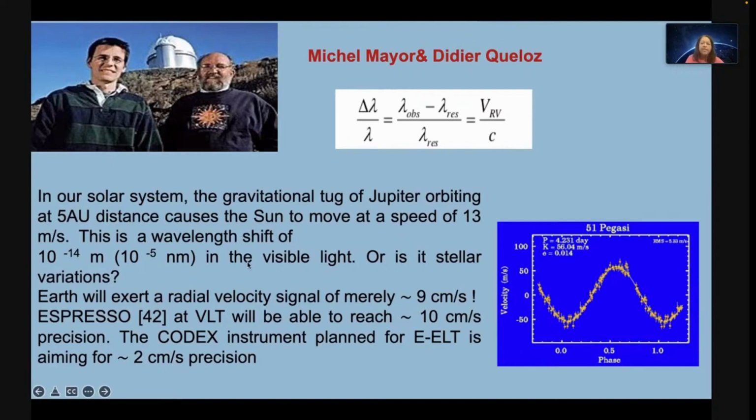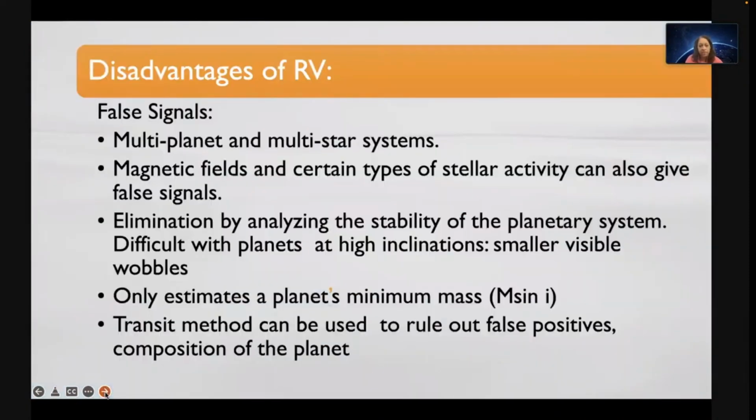The present instruments, like I mentioned, give you about 1 meter per second, and that's our present capability. The disadvantages of radial velocity is that you could also have such a shift coming because of various other effects. For example, you would have false signals coming because of multi-planet, multi-star systems. That could also give you the wobble. There could be stellar activity or magnetic fields which could give you this kind of a wobble.